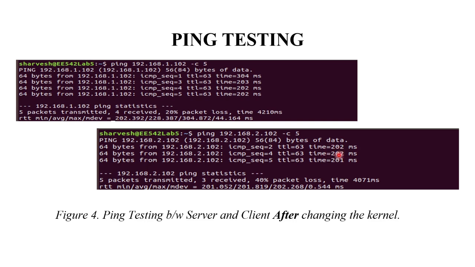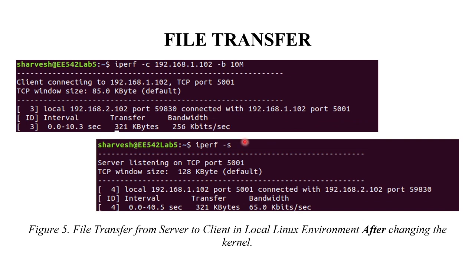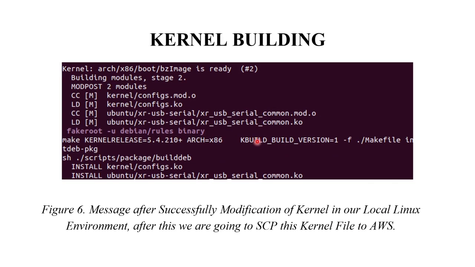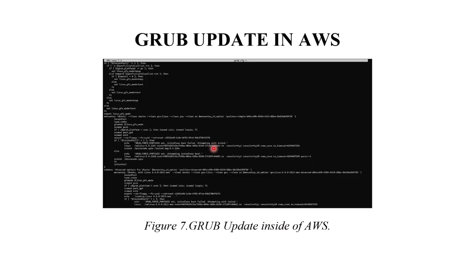You can see the RTT increased, and this is the file transfer from server to client in the local Linux environment after the changing of the kernel. You can see it drastically decreased the bandwidth. This is a successful modification of the kernel.